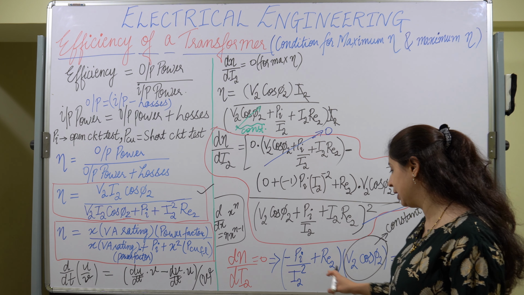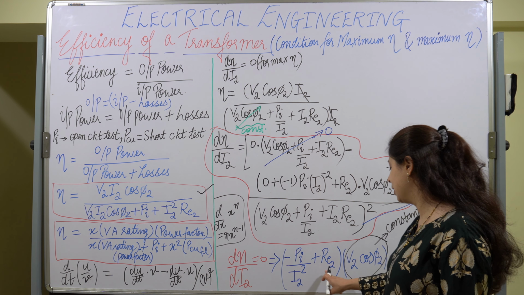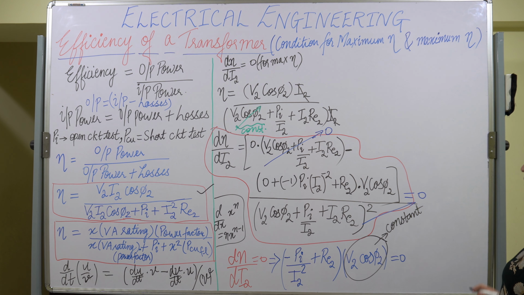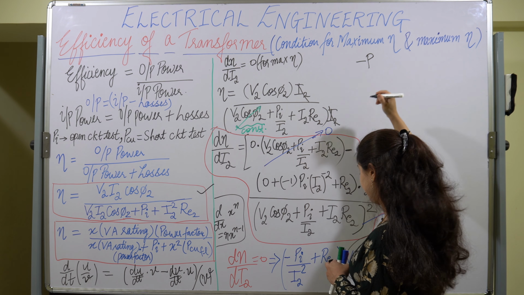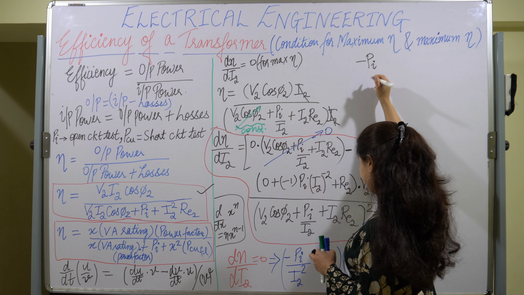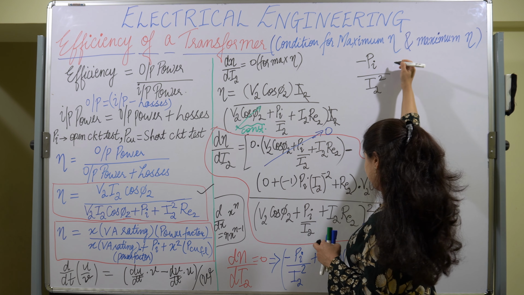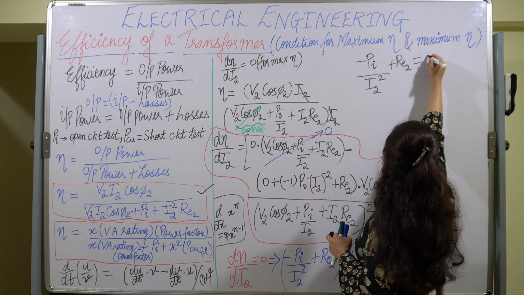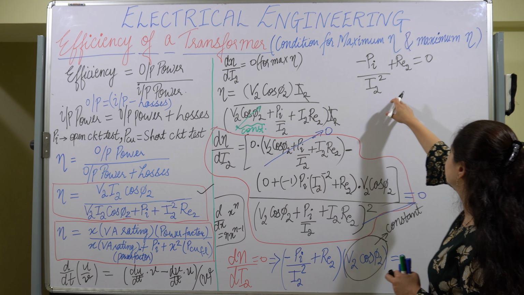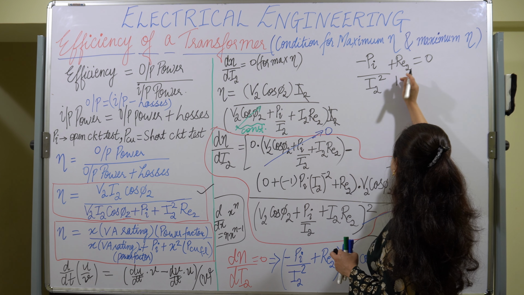So now ultimately we are left with minus pi upon I2 square plus RE2 equal to 0. So this can go that side with a positive sign.